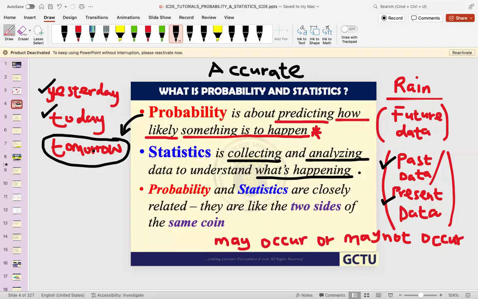That is why you can't separate tomorrow from today, and you cannot also separate today from yesterday, because they are interlinked. There is a relationship between yesterday and today, and there's also a relationship between today and tomorrow. That is why we have probability and statistics.